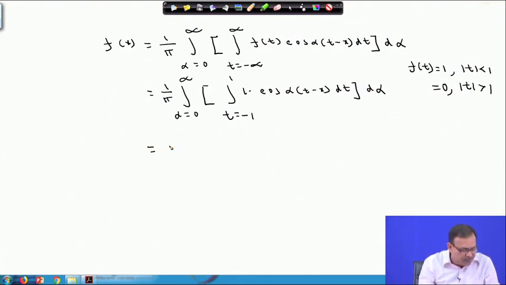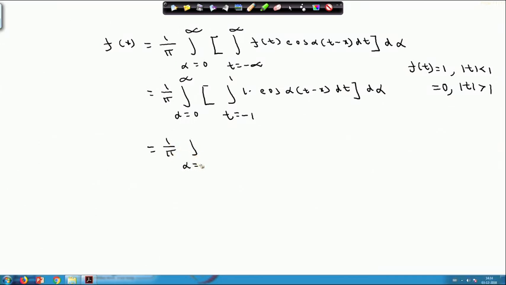I obtain the result as 1 by pi, alpha from 0 to infinity, of sine of alpha into (t minus x) divided by alpha, where t varies from minus 1 to 1, d alpha.